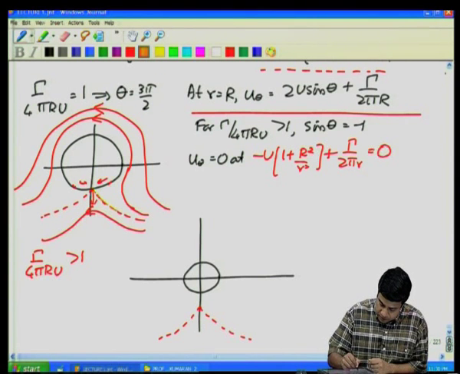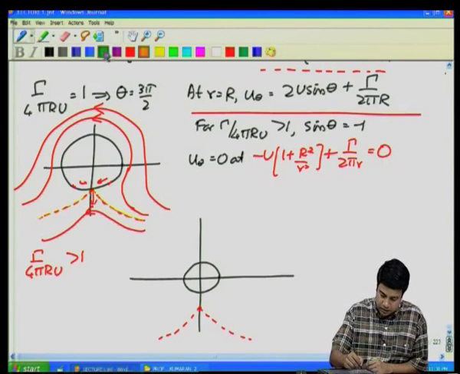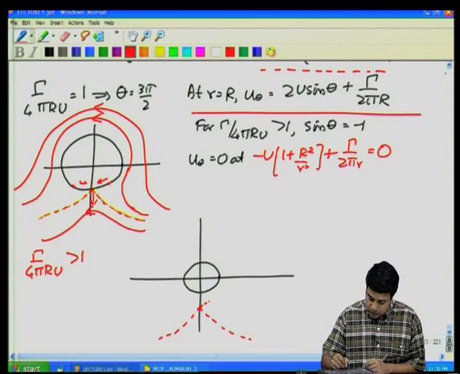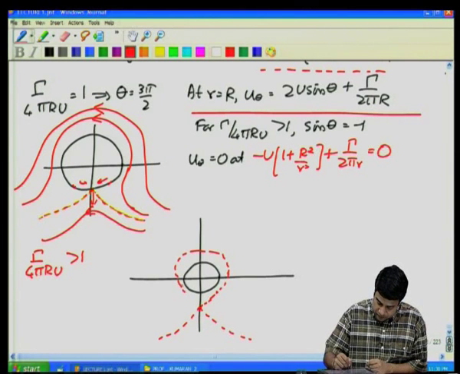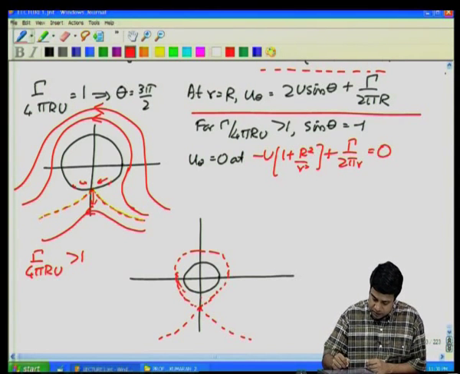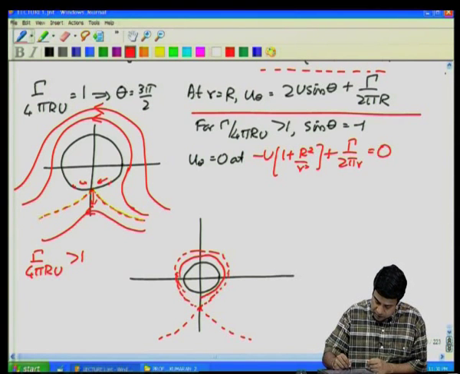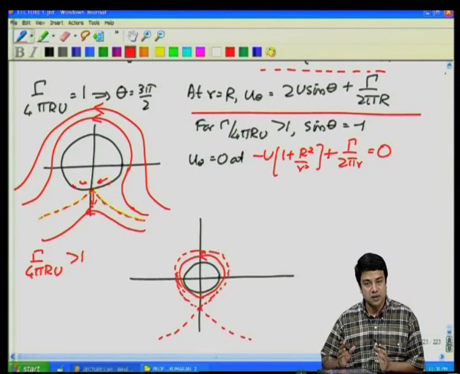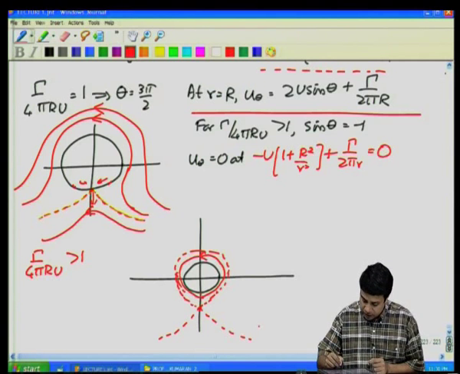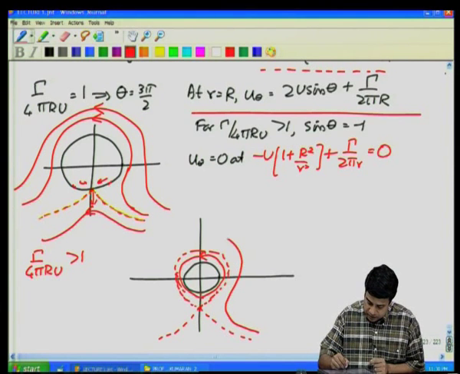There is actually a closed region around the cylinder within which there is just a circulating flow, because my stagnation streamline has shifted downwards away from the surface of the cylinder. So there is one more surface at which the normal velocity is equal to 0. Within that, there is a closed circulation around the cylinder, and outside I have a flow that looks something like this.